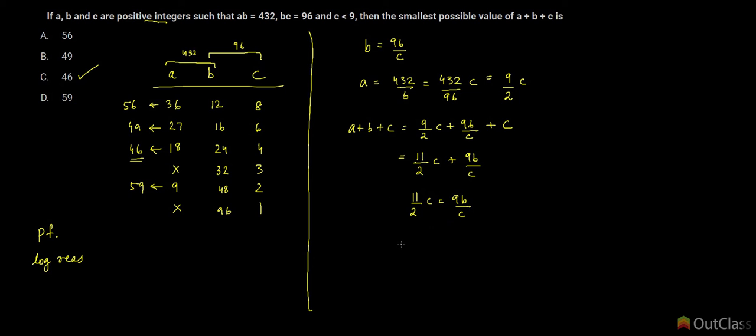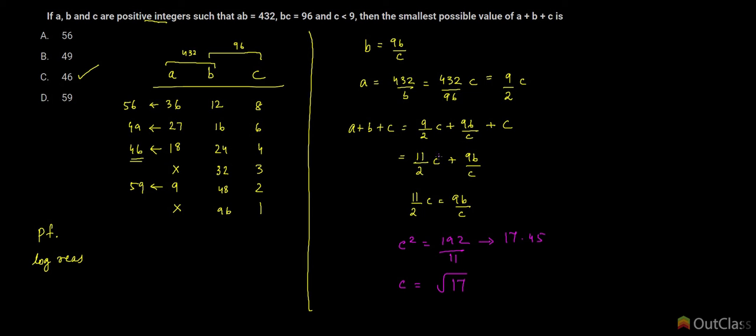So then we have C square is equal to 192 by 11. 187 by 11 is 17, so 17 point something. Anyway, C square is about 17.45. C is root of 17ish, the ideal value if we did not have a positive integer constraint.